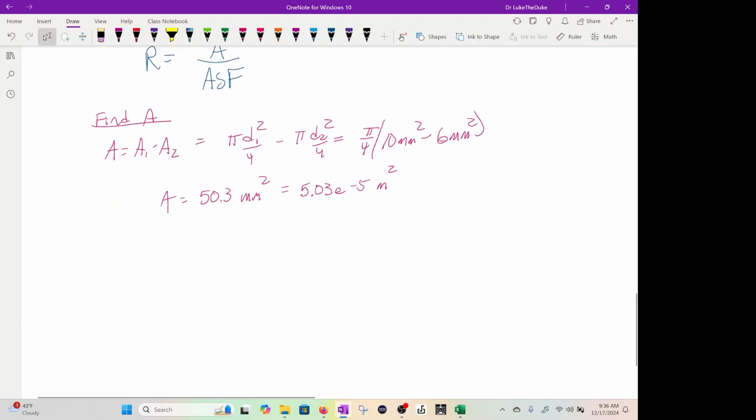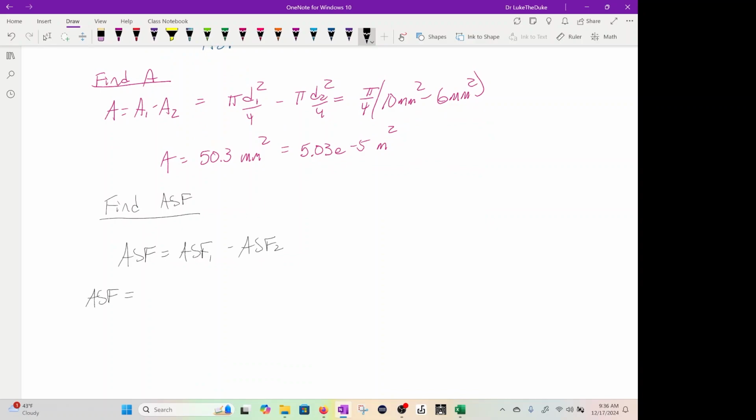Next on the list, find the area shape factor. ASF equals ASF of 1 minus ASF of 2, again because it's a hollow tube.